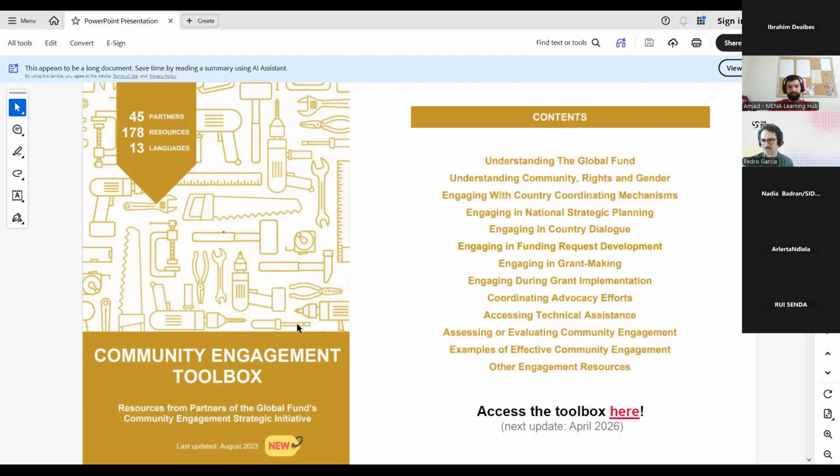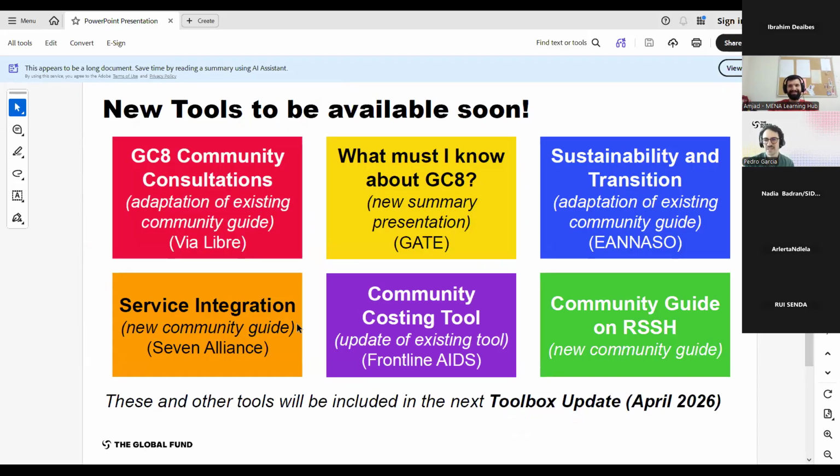You have resources from a basic understanding of the Global Fund, up to more technical ones around assessing or evaluating community engagement, accessing technical assistance, and engagement in country dialogue and grant making, etc. That will be updated in April 2026, so later this month. So stay updated. Next slide.